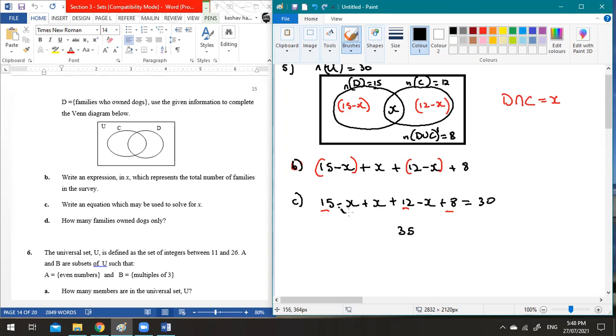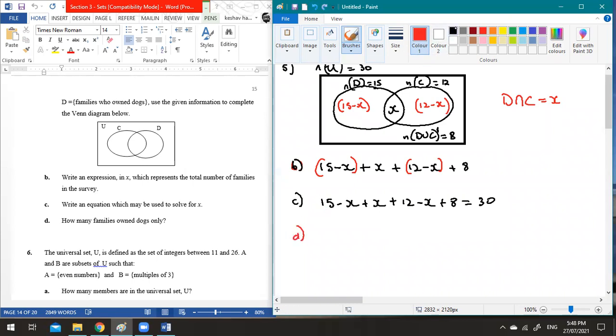Negative x add x will cancel out to give us 0. And then we'll have negative x remaining is equal to 30. And again, they didn't ask you to solve here. We didn't need to do that as yet. That was the next step.